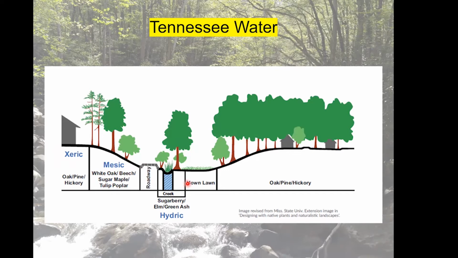Down in the valley, where it could be near a creek, where it could have more moisture, you'll see another diversity of plants. Maybe the sugarberry, the elms, the green ash may grow where it's hydric. And then over here on the other side is the oak, pine, hickory again. Maybe you're back up on the higher parts there again. So that's just a basic diagram of some of the things to look for.